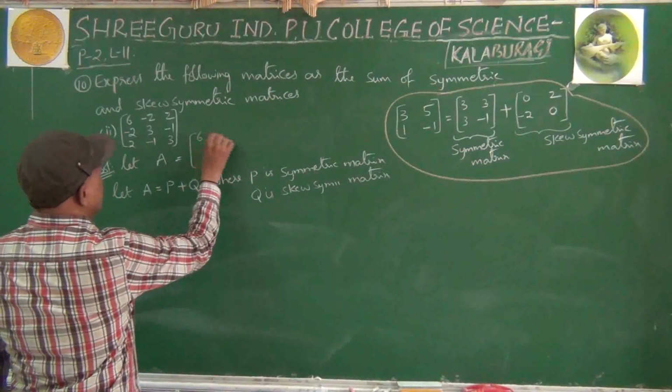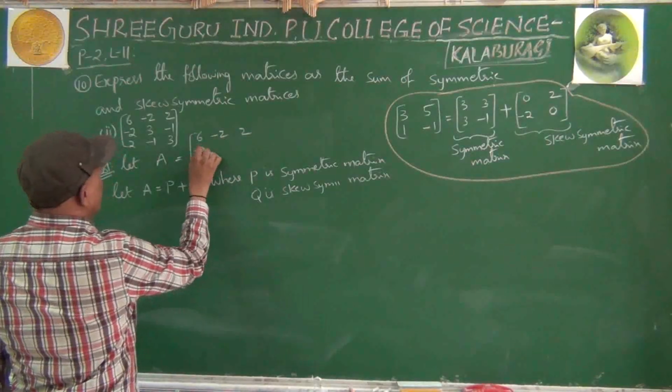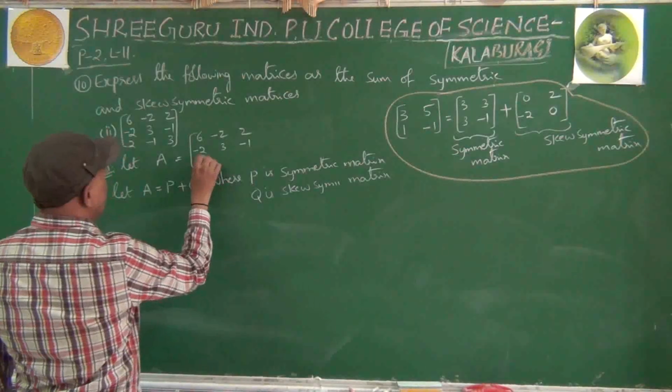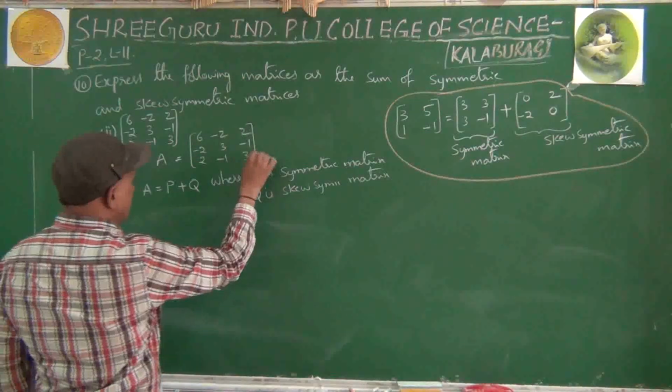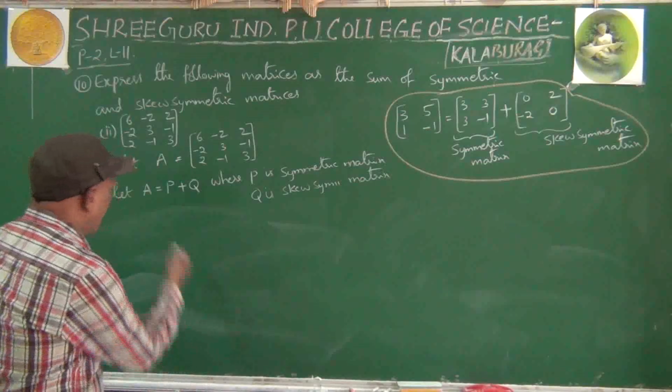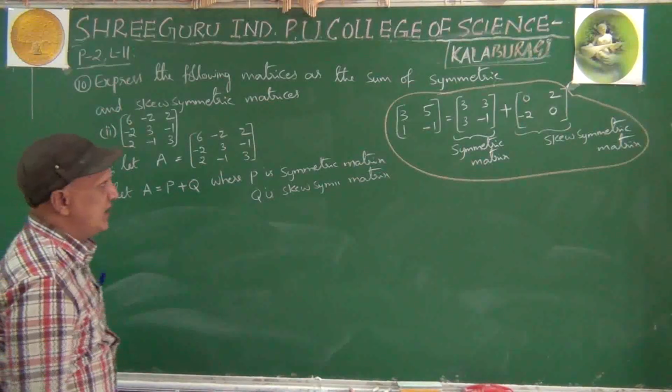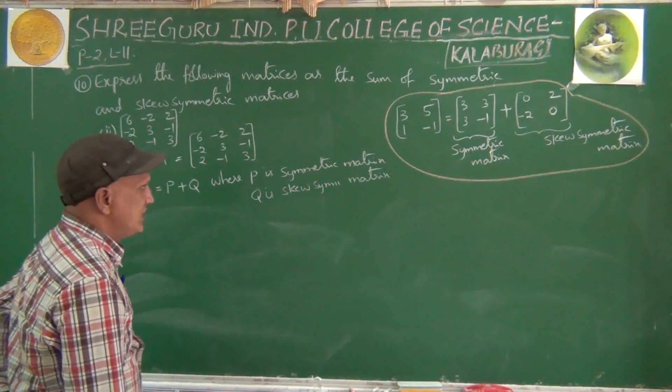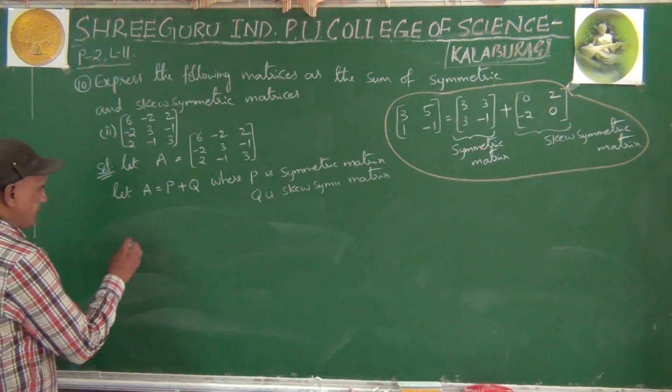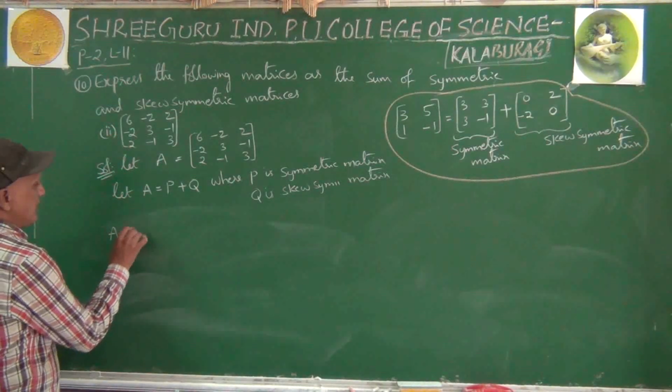Capital A equals 6, -2, 2; -2, 3, -1; 2, -1, 3. Right? Let capital A equal P plus Q, where P is a symmetric matrix and Q is a skew symmetric matrix. Let us find A plus A dash.